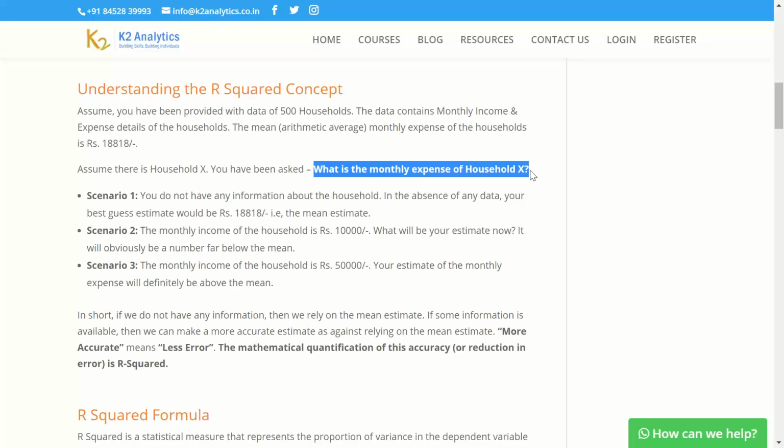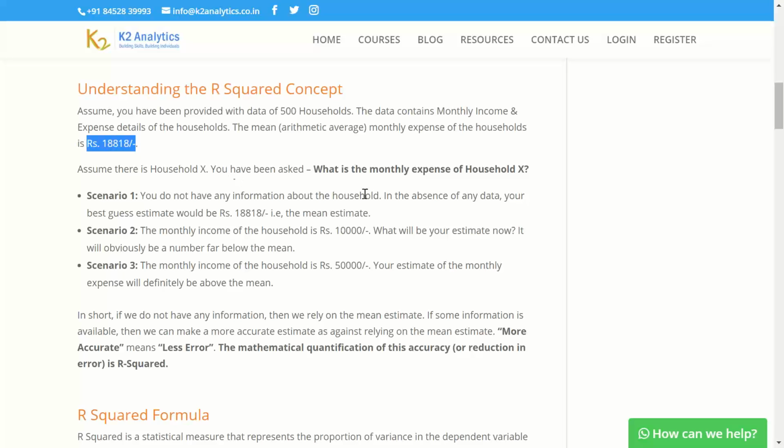I'm not telling you the income of that household. No information provided. All you know is, when you have this 500 household data, you computed an average expense. The number came out 18,818. And now randomly I ask you, hey, can you tell me what would be the expense of household X?